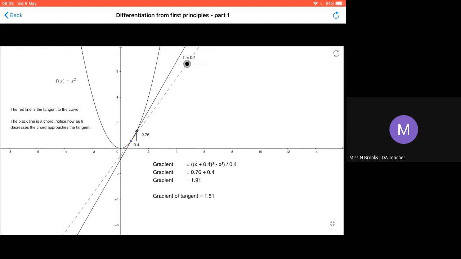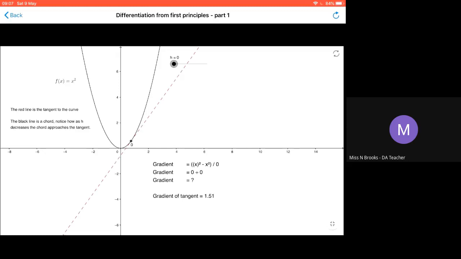And mathematically, as I decrease h, so at 0.3 units away from each other, the gradient of my tangent I know is 1.51, but the gradient of my chord is going to be 1.81. And it gets closer and closer to that magic 1.51 number on this picture. But when I actually get to 0, my gradient won't calculate because I can't divide by 0.